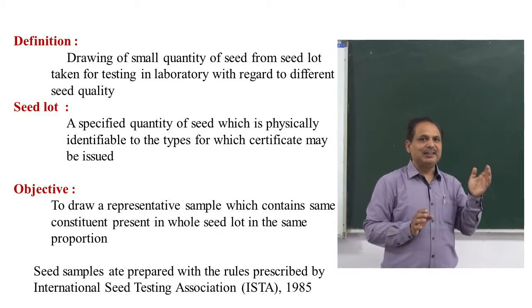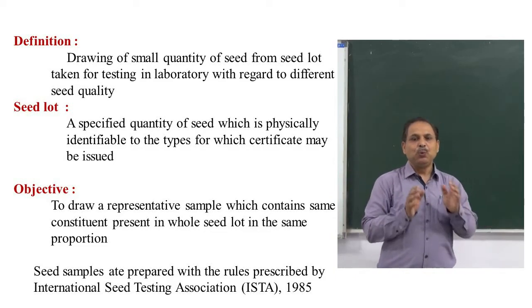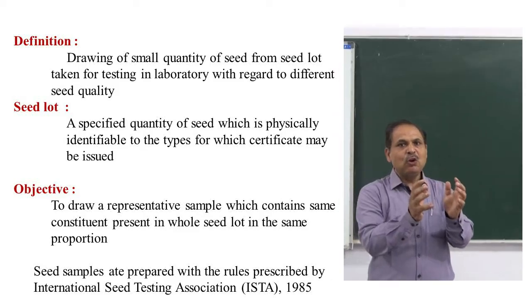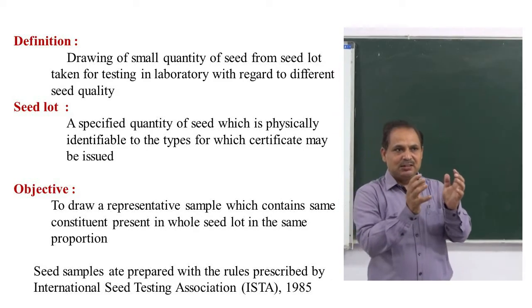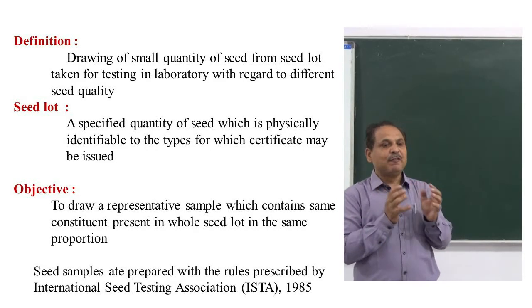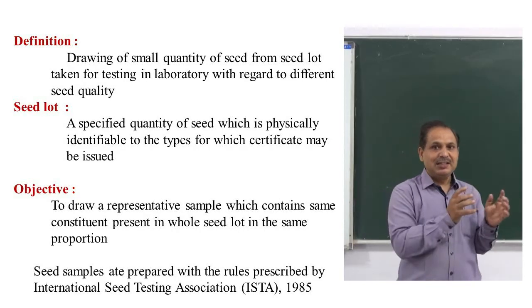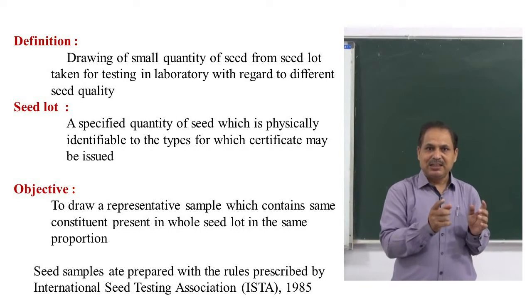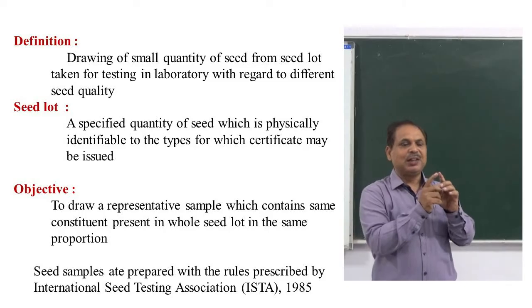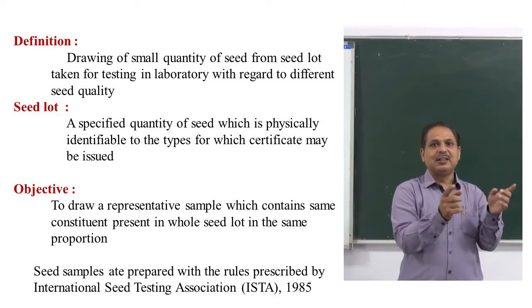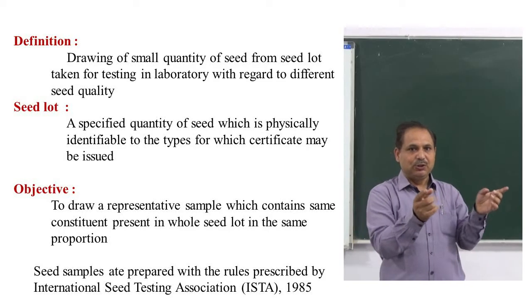Similarly, in seed sampling, we take a small quantity of seeds, a representative sample from the seed lot. In the case of cooking rice, the utensil is your lot.